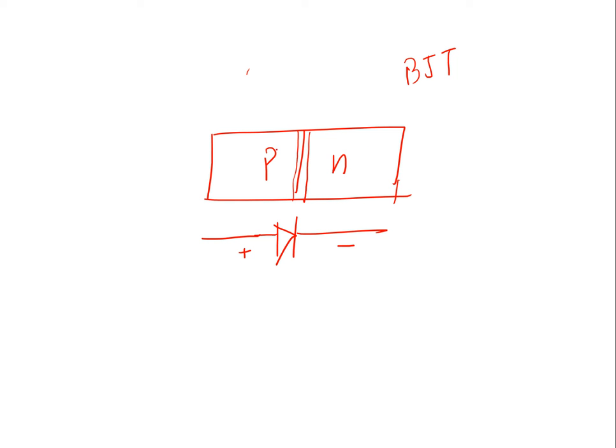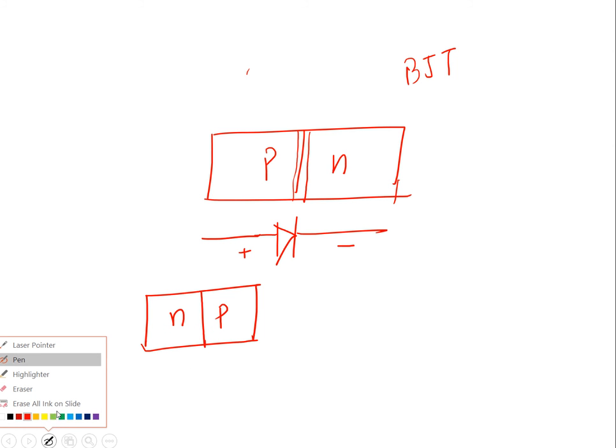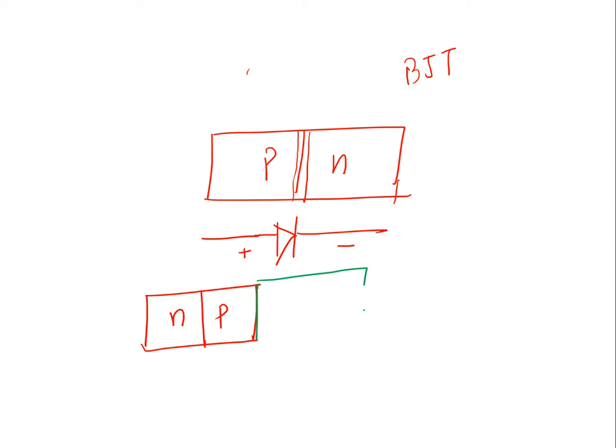Here we are combining two materials, p and n-type material, and we get one diode. Let's say I have one junction, with a p-type material and an n-type material, and then I have another p-type material and n-type material, which will form another junction.